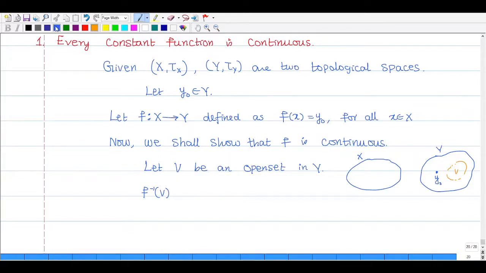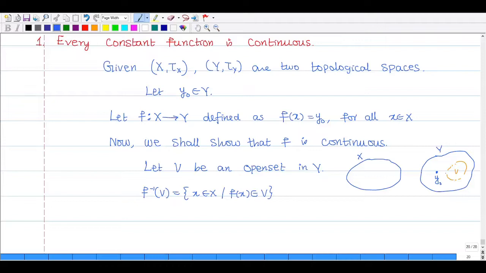It is the set of all x belonging to capital X such that f(x) belongs to V.